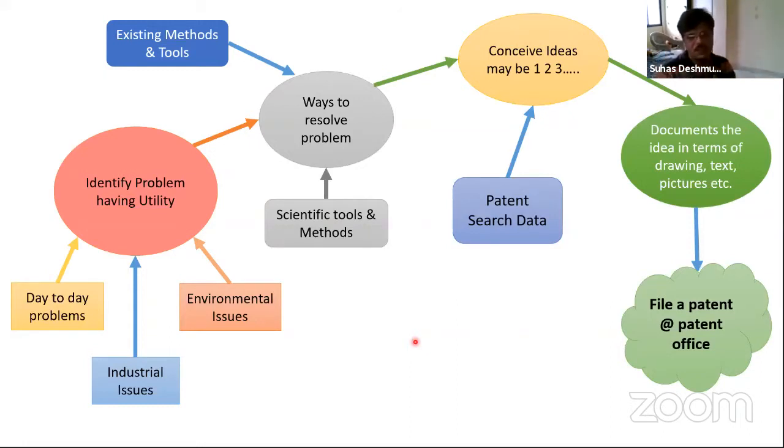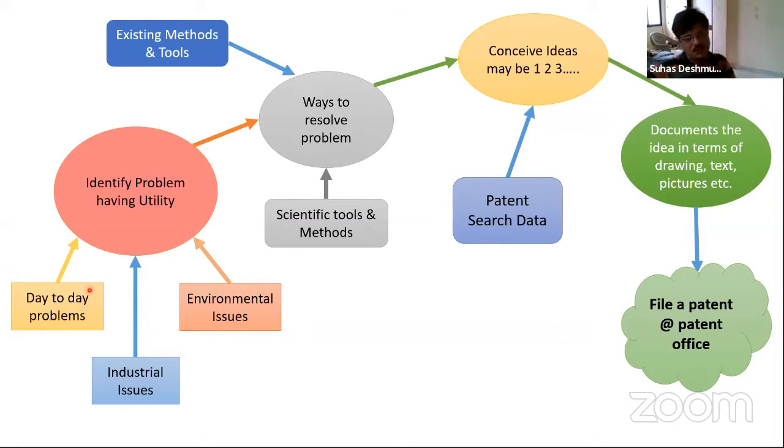See, when we are sitting in one place and I want to file a patent, this is not going to happen. First of all, you need to identify the problems people are currently facing. Those problems may be from your day-to-day life, like in our corona condition. People are now facing a lot of problems.